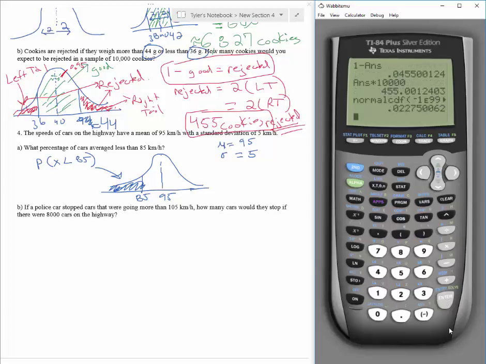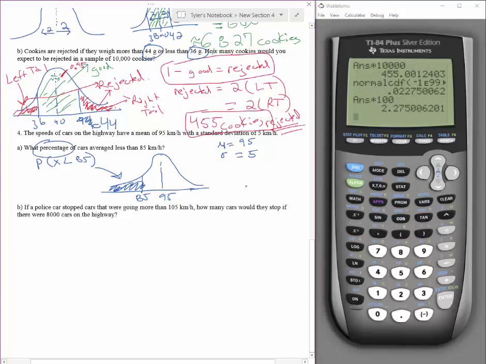Then if I multiply this times 100, that will put it as a percentage, because that's what we're asked. What's the percentage? We would say 2.275%. So 2.275% of the cars we would expect to be traveling less than 85 kilometers per hour.